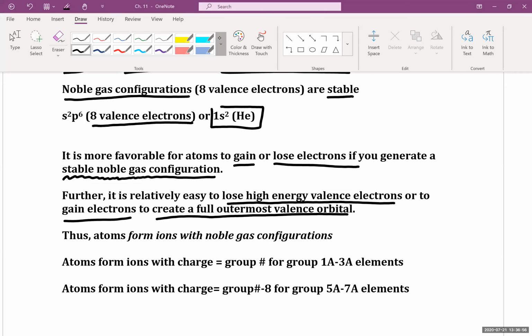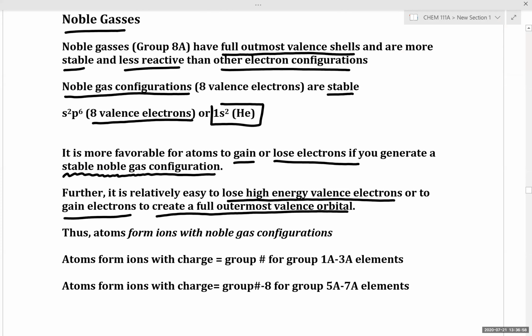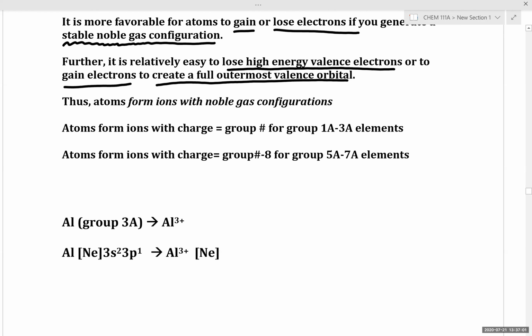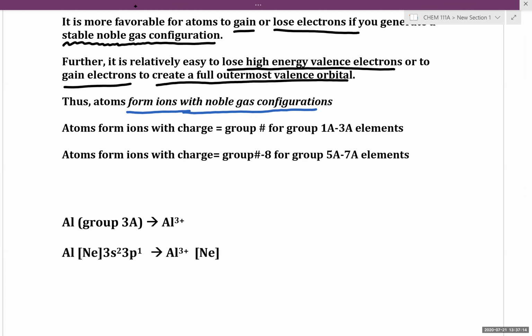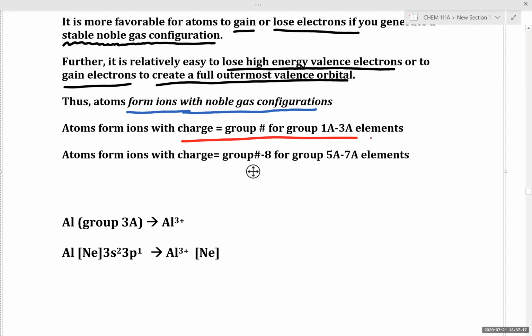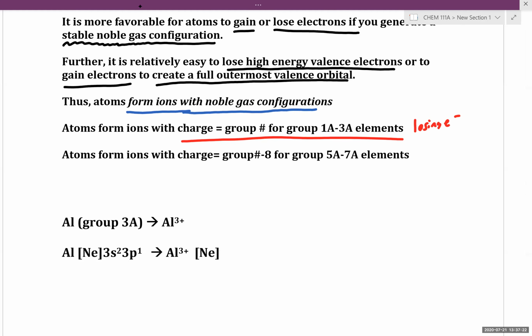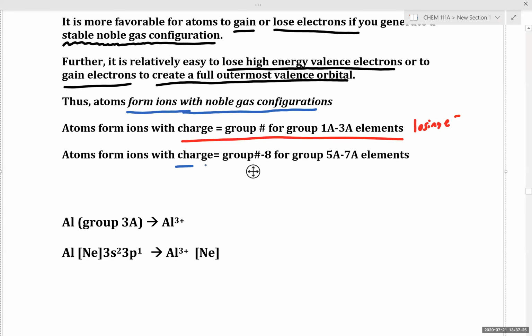Thus, we now have a more substantive justification for the rule that we learned all the way back in chapter 3, that atoms form ions with a noble gas configuration, and atoms like to form cations with charge equal to the group number. For group 1A through 3A elements, we are losing electrons, while atoms like to form anions with charge equal to the group number minus 8 for group 5A through 7A elements. In this case, we are gaining electrons.